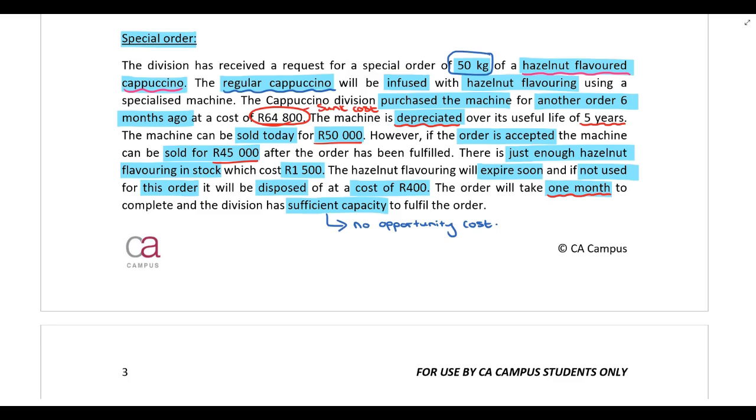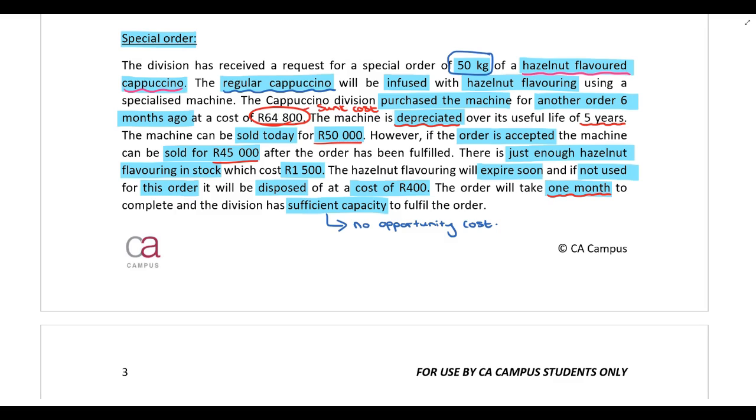So that drop in value of the machine as a direct result of this order is relevant. Okay, so the only relevant cash flow that we have over here is the decrease in value of 5,000 Rand because they are going to lose out on 5,000 Rand cash if they accept this special order, because then they can't sell the machine today.